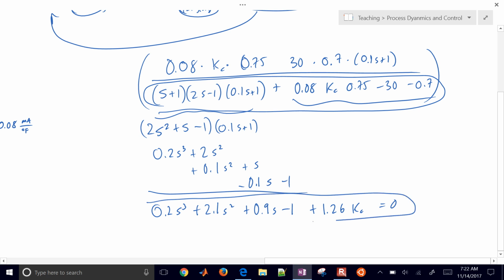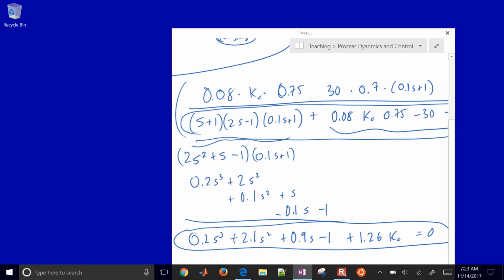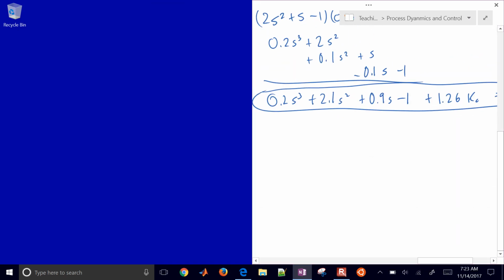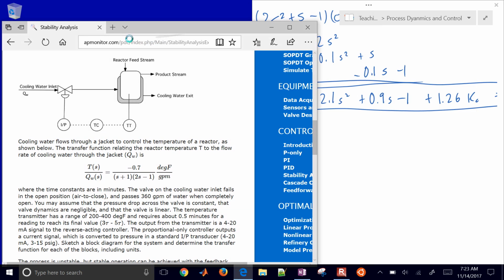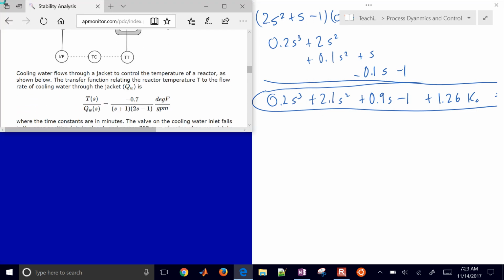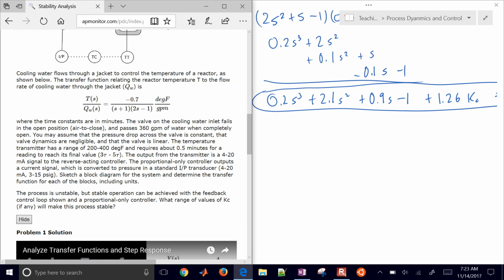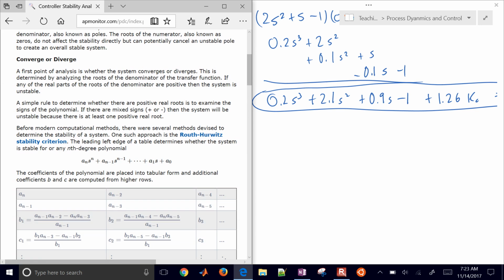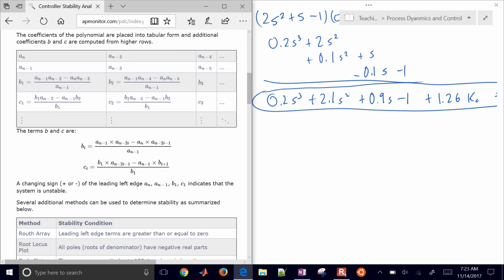So let's use the Routh array method to calculate the stability. I'm going to make this just a little bit bigger. Here's the homework problem right here. But if you come up to the link at the top, the background information on stability analysis, you'll see the Routh array method.